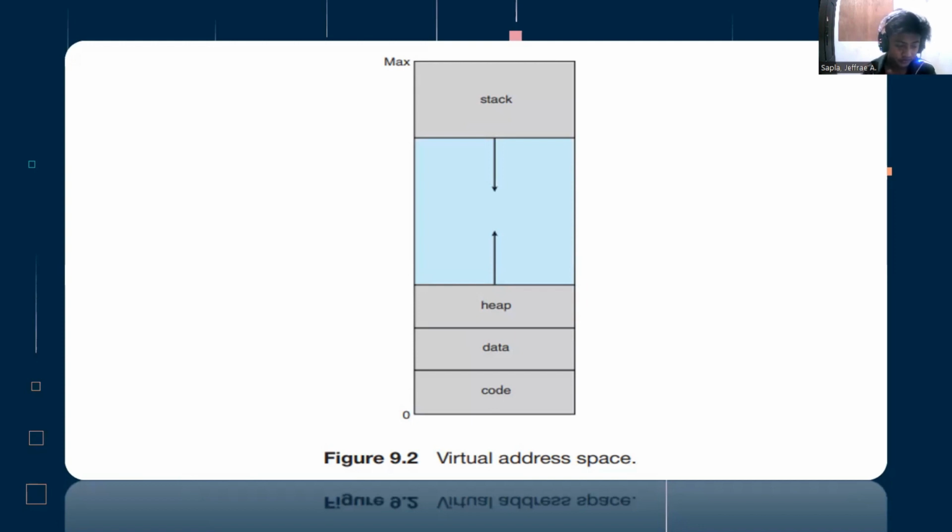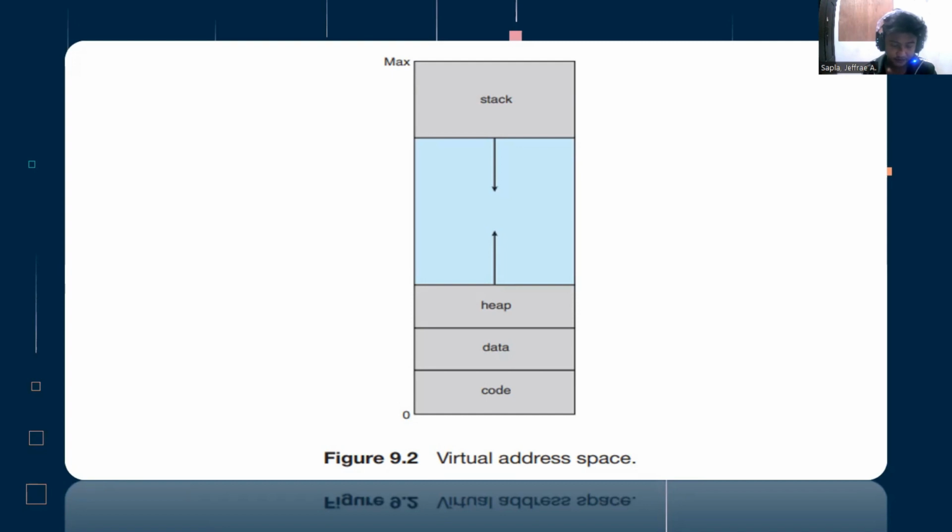Note in figure 9.2 that we allow the heap to grow upward in memory as it is used for dynamic memory allocation. Similarly, we allow for the stack to grow downward in memory through successive function calls.